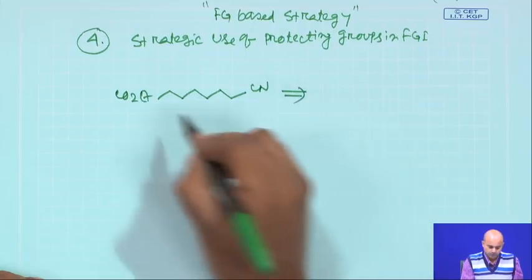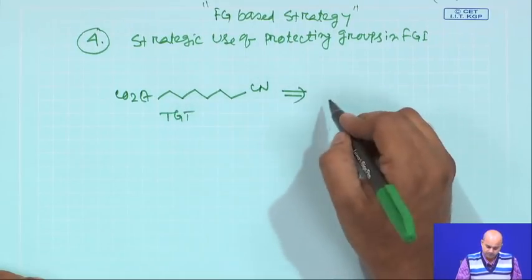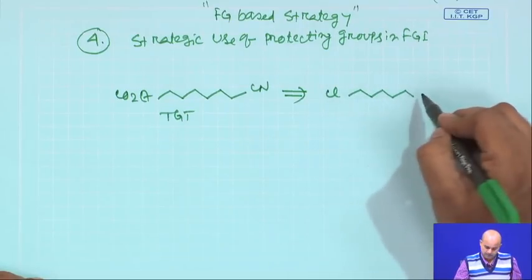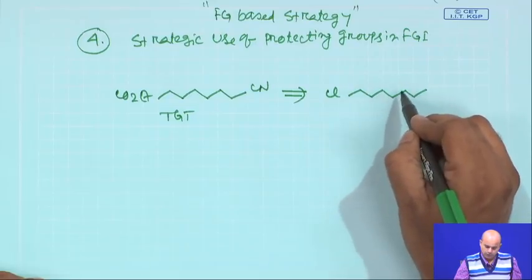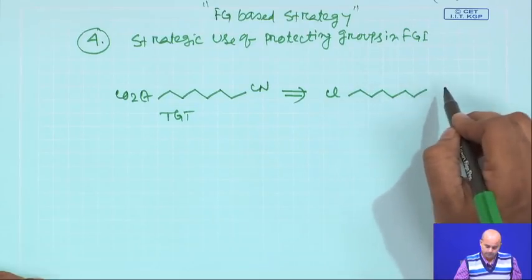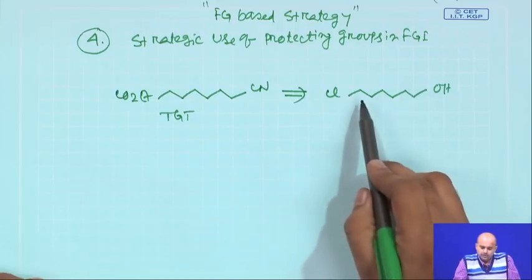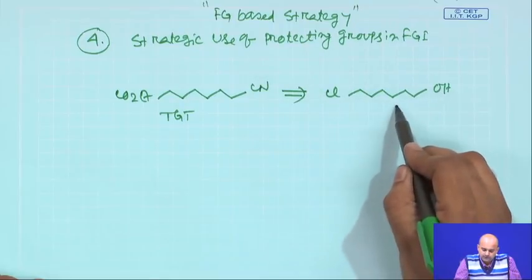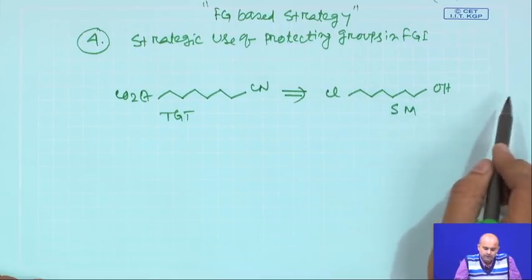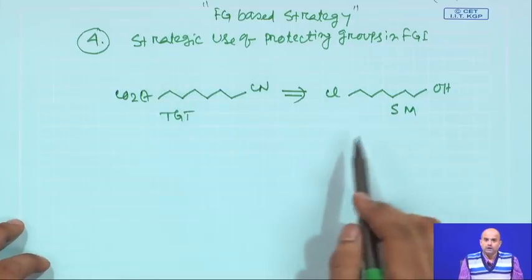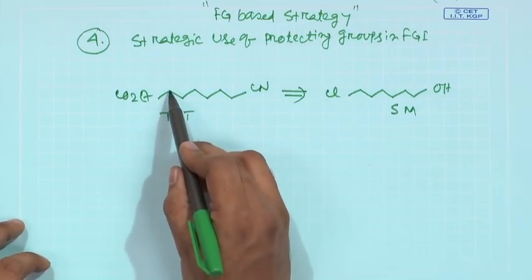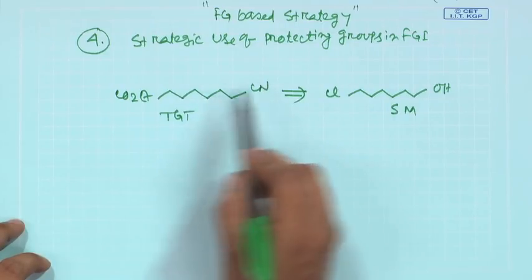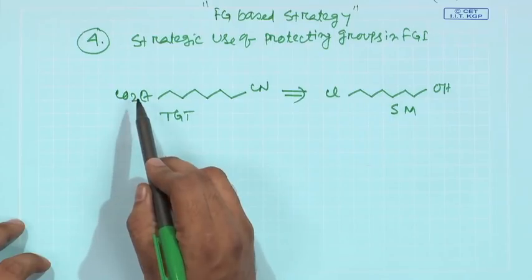This target molecule was given to you, and the starting material was something like this, 1, 2, 3, 4, 5, 6, a chlorohydrin kind of compound, 1,6, and you have to prepare the target compound. If you correlate, the 6 CH2 groups are similar in between; the only thing is that at one end you need a CN and at this end you need a CO2Et.